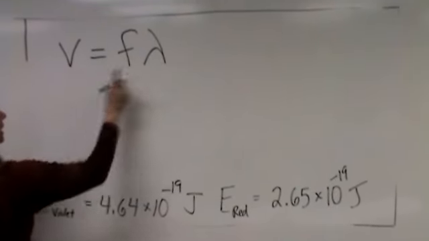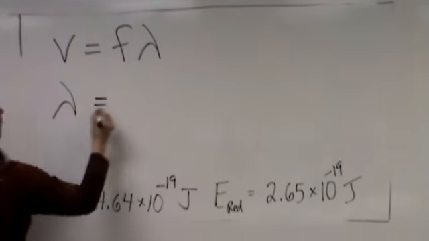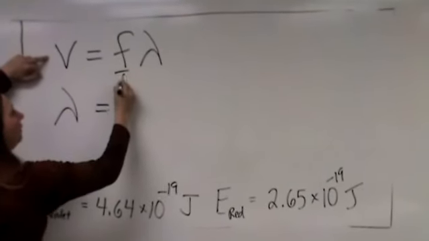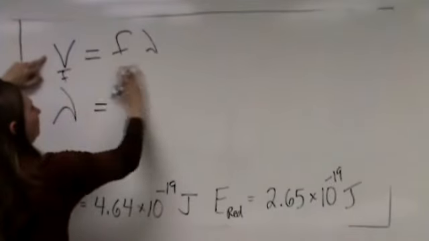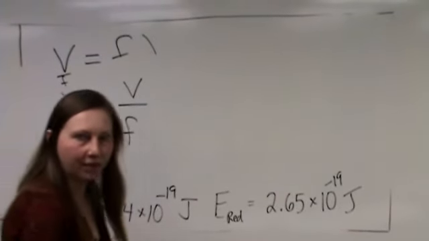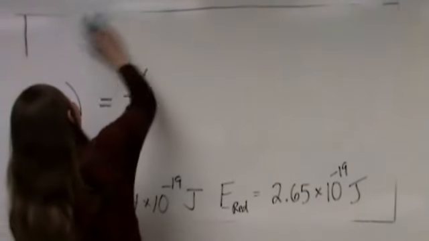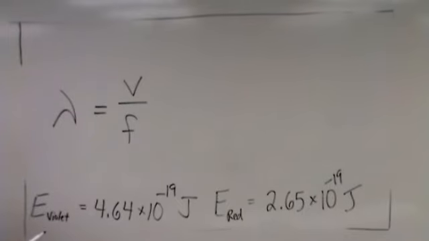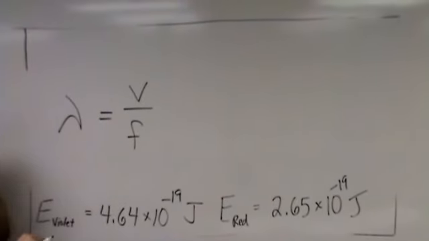All right, so we're trying to calculate the wavelength, so let's solve for wavelength. Wavelength equals, we're going to divide by frequency on both sides. Wavelength equals v over frequency, velocity divided by frequency.